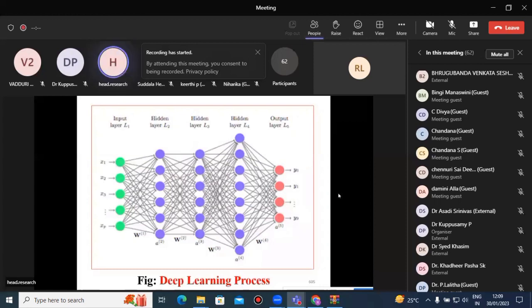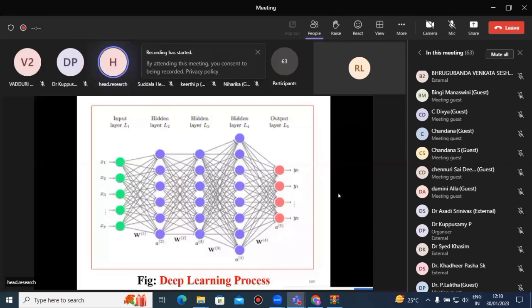X1 to X3 and so on, up to XP, are the input layers. Then hidden layers L2, L3, L4. Finally the output, in red, L5, Y0 to Y1 and so on, up to Y9. So this is a deep learning process.